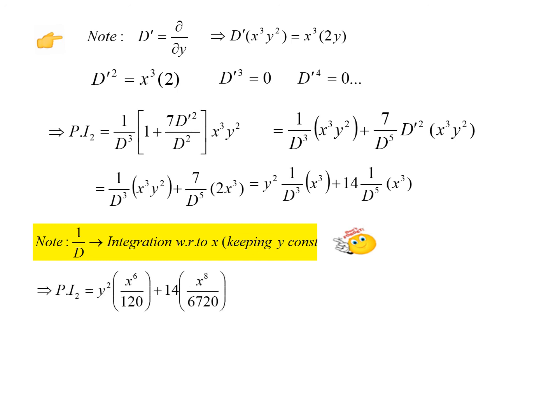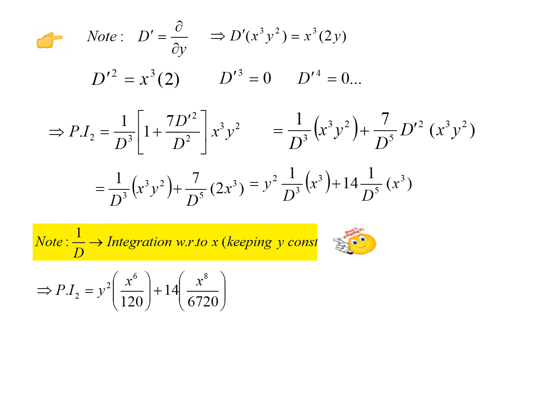So you will have particular integral as y squared into, remember that first term x cube, when you integrate 3 times you have to integrate. So first time when you integrate you will get x power 4 by 4. Second time x power 5 by 20. Third time x power 6 by 20 into 6.